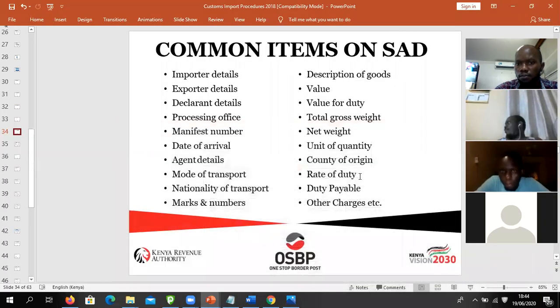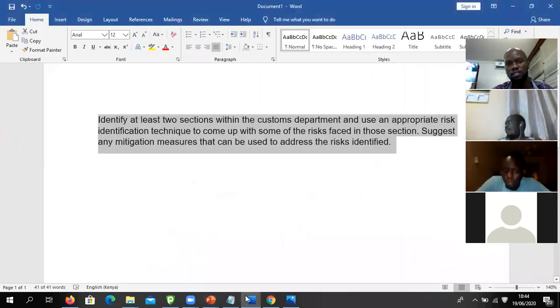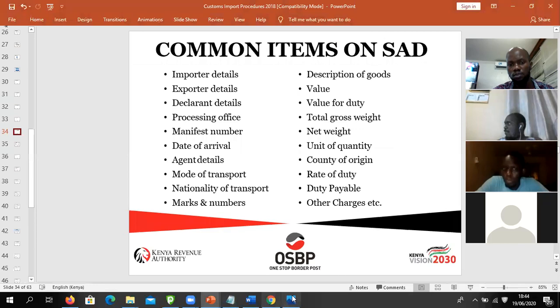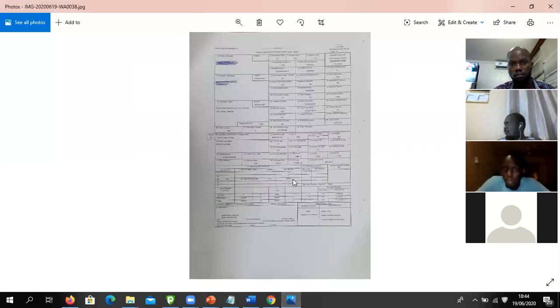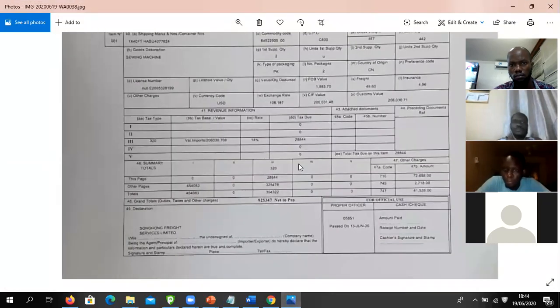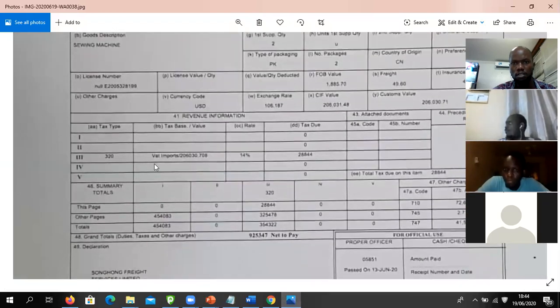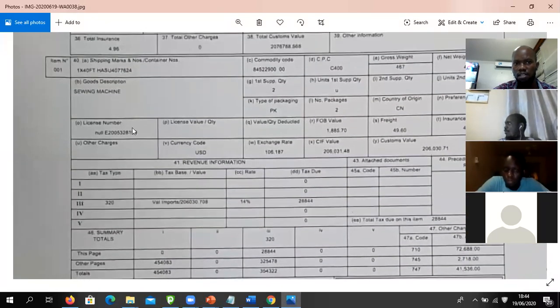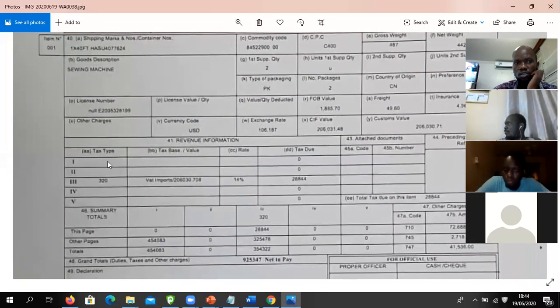Rate of duty, duty payable and other charges. Let me also show you that. Rate of duty. So you can see the rates of duties just beneath the item. It has no import duty. It has no excise duty.